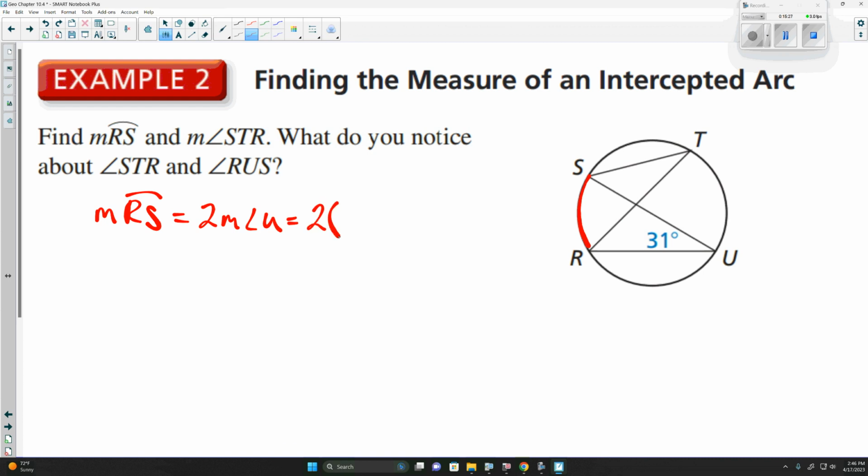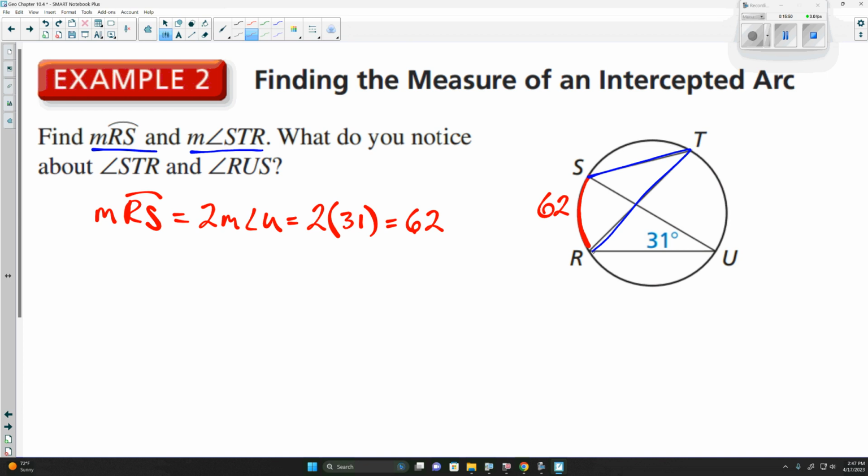Now angle U is what? So that tells us that the arc is 62. Well, why is that important? Because, for starters, it wanted us to find that arc, yes? Secondly, now we need to find the measure of STR.